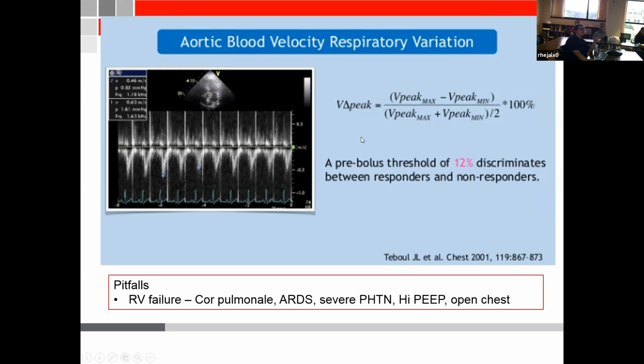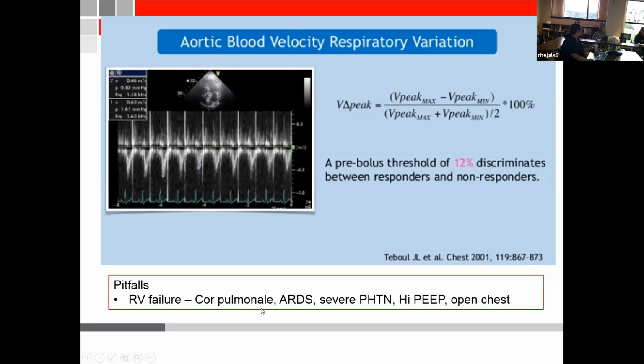This variability correlates with the stroke volume. The first people who did it determined the discrimination between responsiveness and non-responsiveness to be equal to 12%.